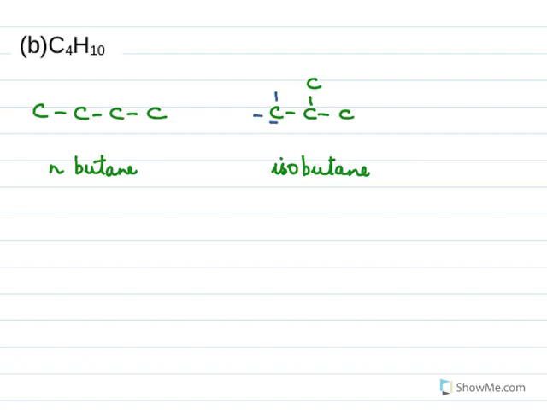Don't forget to put your hydrogens. Each carbon should have 4 arms. Here also, each carbon 4 arms. So butane has got just 2 isomers. You could also put cyclic. Here I'm leaving cyclic out. We are doing only straight chains.